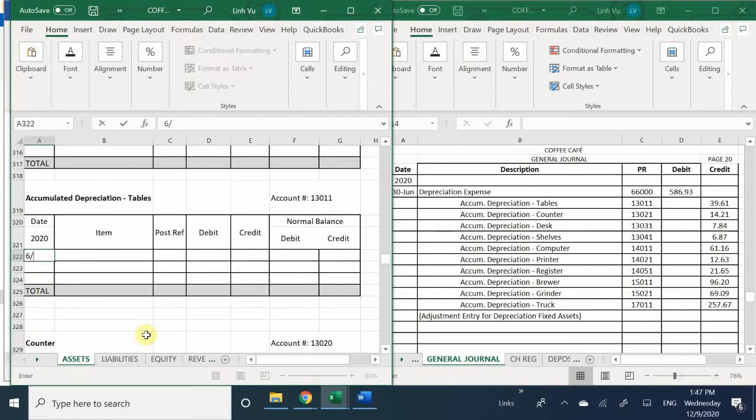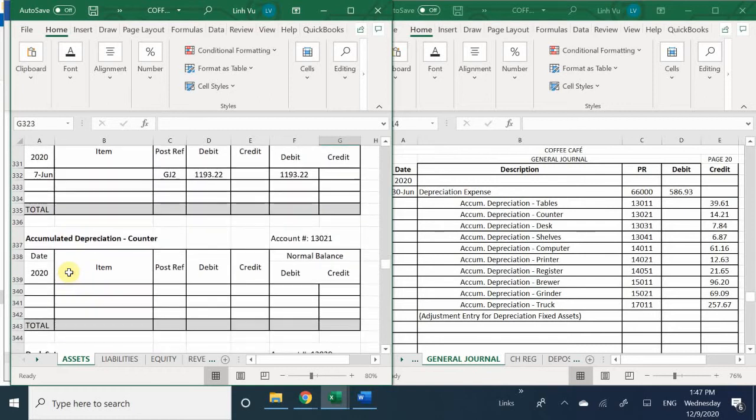Same thing, all of your entries or notes are going to be the date, which is 6/30, and adjustment is what you're going to place. General Journal 20. How much was the table for? $39.61. 39.61 credits. All right.